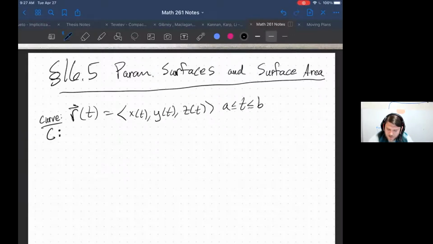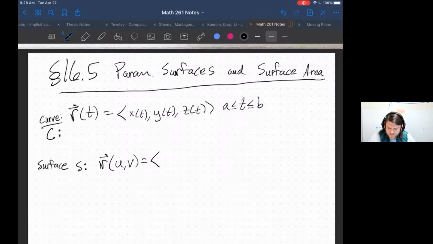But now we want to look at the parameterization of a surface, like a plane, or at least a chunk of a plane, or a cone, or anything like that. So what we say is, for a surface S, we have r of u comma v, with u and v the two placeholder variables for now.